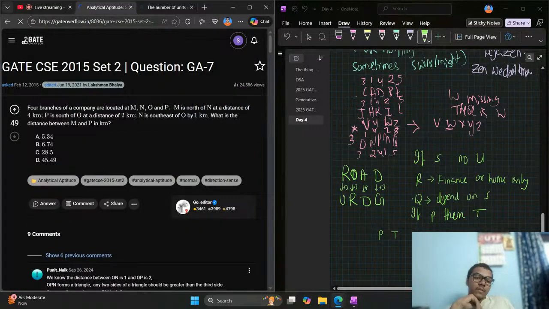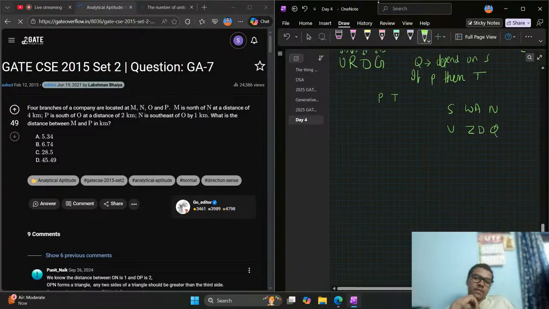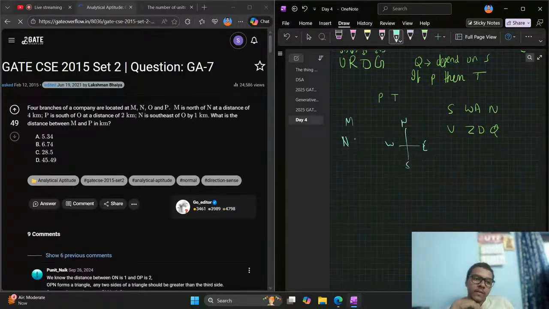Four branches of a company are located at M, N, O and P. Okay, it is diagram 1. North, south, east, and west. M is north of N at a distance of 4 kilometers. P is south of O at a distance of 2 kilometers.